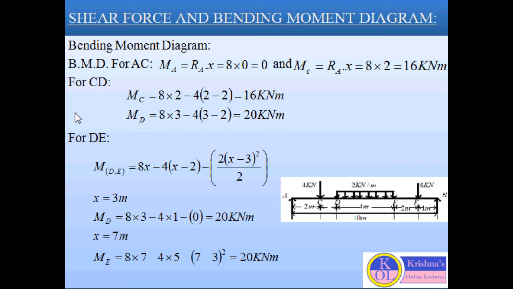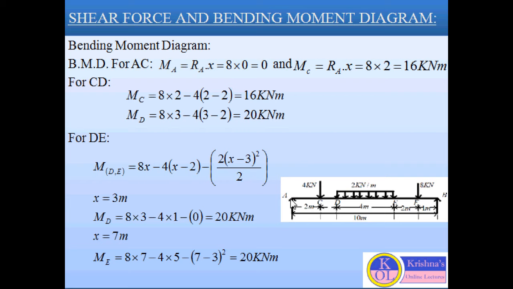Similarly, for the bending moment diagram, we have to find out the bending moment at different points of this simply supported beam. At point A, MA is the bending moment at point A, that is RA into X, but here the value of X, or the distance, is 0, so the value of MA will be 0.